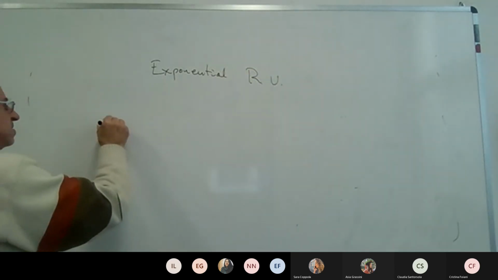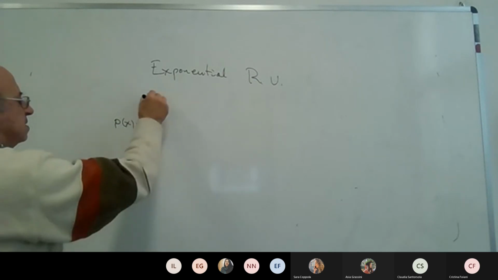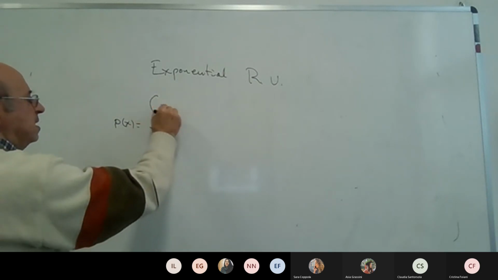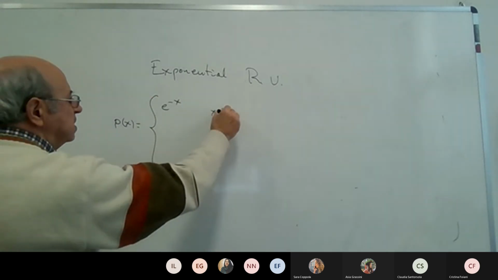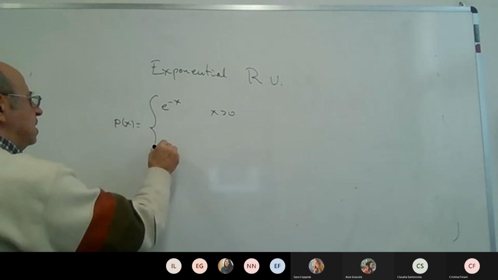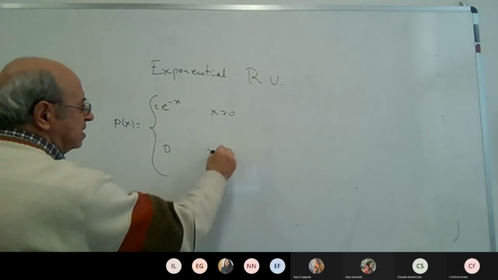And this is very simple. P of x can be defined in this way: a to the power minus x when x is bigger than 0, and 0, of course, with some constant, when x is smaller than 0.